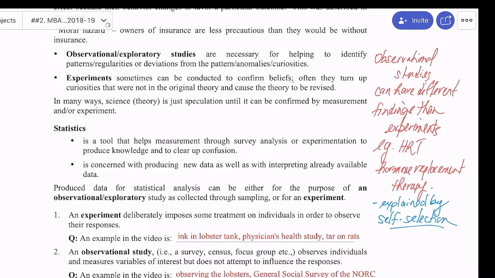These are variables that are also associated with better health outcomes overall. They had a better lifestyle, they had better exercise and diet choices in their routine. So these women performed better overall with the hormone replacement therapy because they were not at elevated risk of any other kind of health condition.